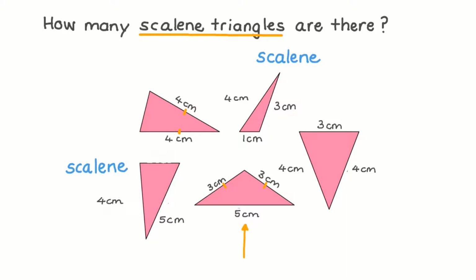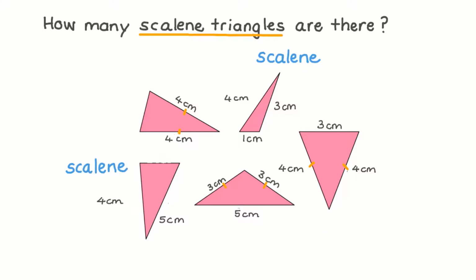One side, or the base, is 5 centimetres in length, and the other two measure 3 centimetres. This is an isosceles triangle. And this triangle is also an isosceles triangle. Two of its sides are equal in length. One of the sides measures 3 centimetres and two of the sides measure 4 centimetres.